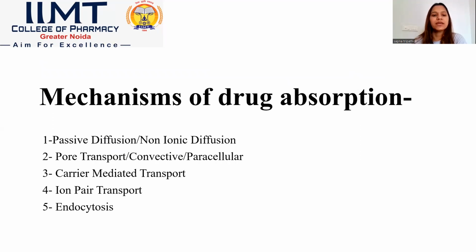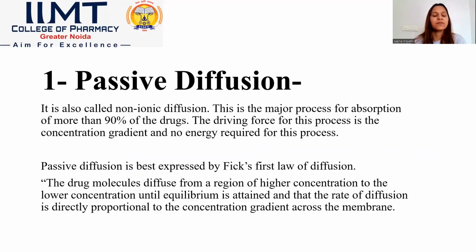There are five mechanisms of drug absorption. First is passive diffusion or non-ionic diffusion. Second is pore transport, convective transport, or paracellular transport. Third is carrier mediated transport. Fourth is ion pair transport, and the last one is endocytosis.